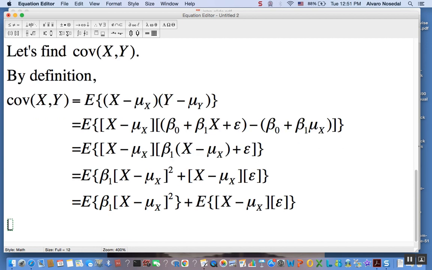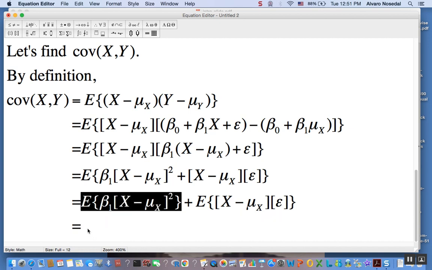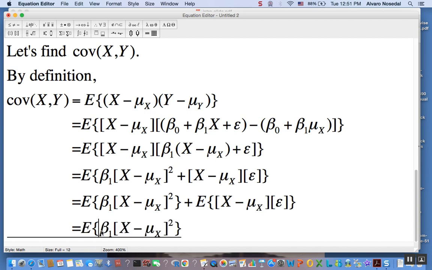Now, let's try and simplify these expressions. That beta 1 we get to factor out, and that's exactly what we're going to be doing next. Let me factor out that beta 1. Now, we have the expected value of a product, but since x and epsilon are independent by assumption, the expected value of a product of independent random variables is the same as the product of expected values.